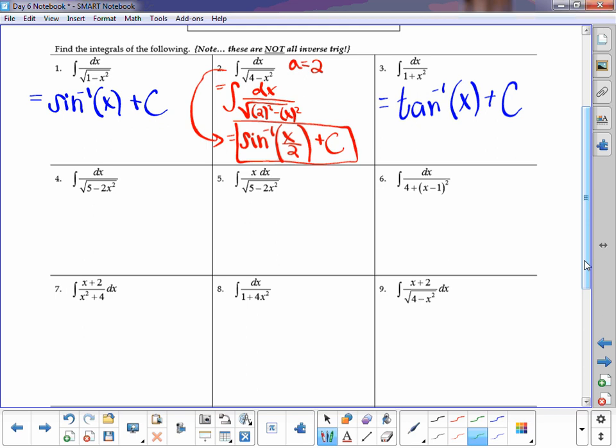With number 4, does it look similar to our inverse sine or inverse tangent or neither? Inverse sine, good. So let's go ahead and identify our a value and our u value. What is my a value going to be? Root 5. Now what is my u going to be?